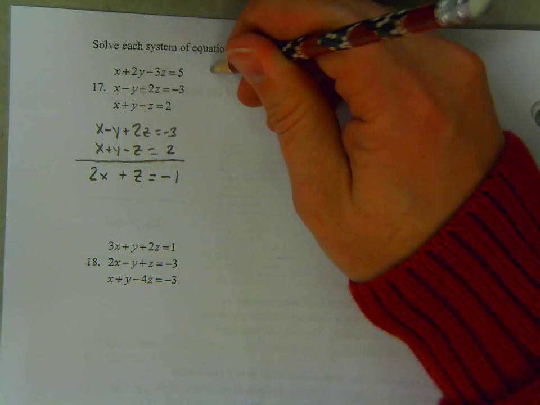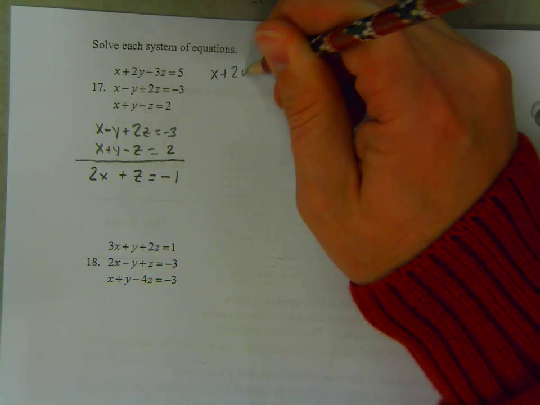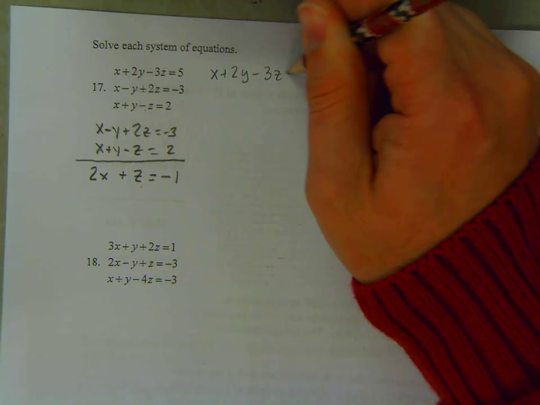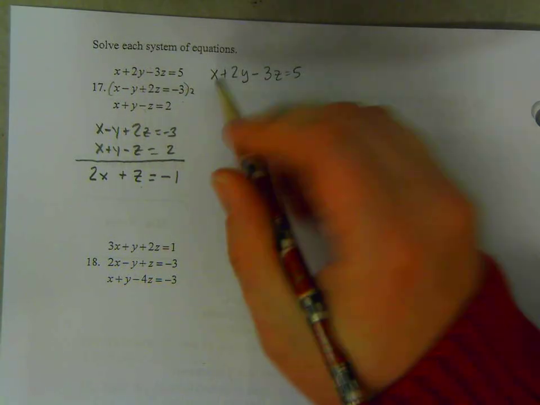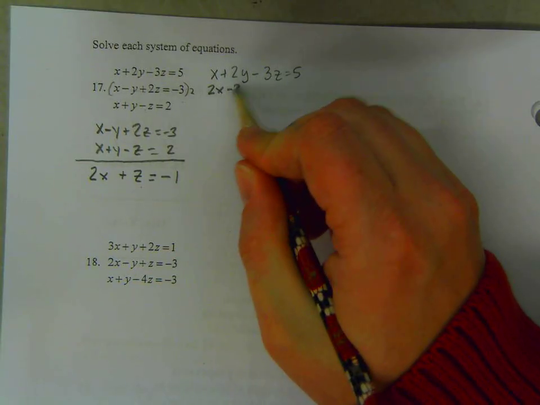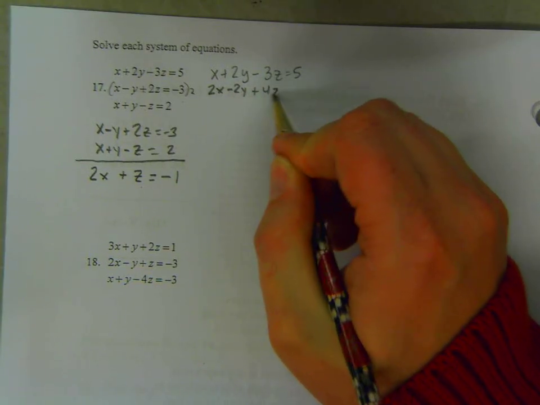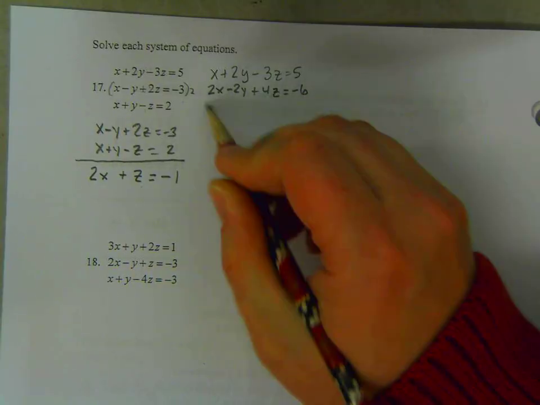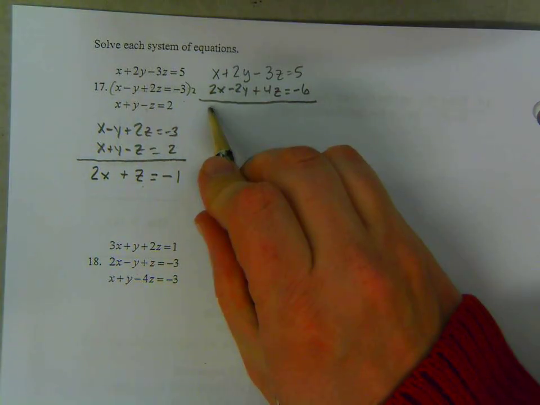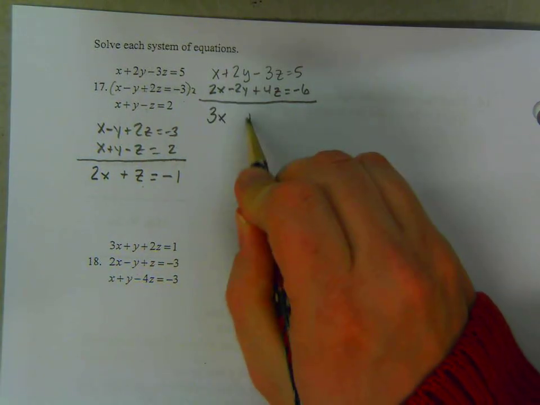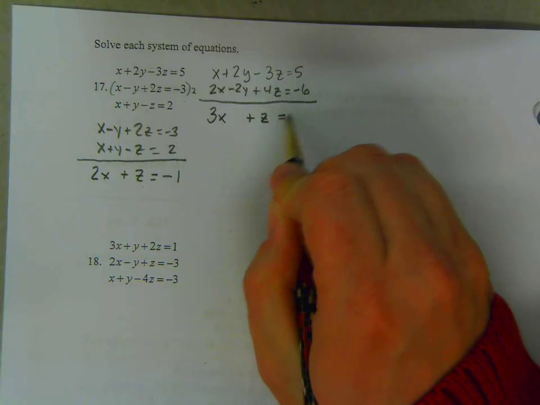So I've got x plus 2y minus 3z equals 5. I'm multiplying this by 2, making it 2x minus 2y plus 4z equals negative 6. I'm going to add these together: 3x plus z equals negative 1.